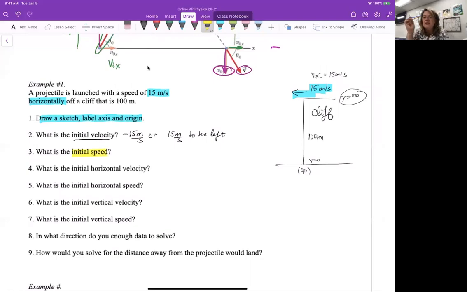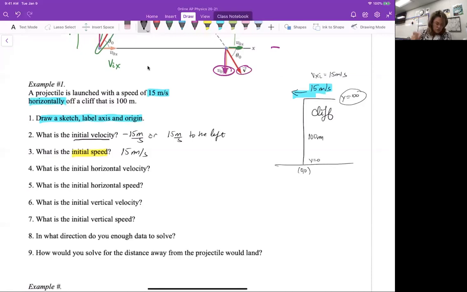Remember, the speed is the magnitude of the velocity, and there's only one answer here: 15 meters per second. So if I'm at negative 15 meters per second, my speed is 15 meters per second. Driving down the road 100 miles per hour north, or 100 miles per hour south, don't they have the same speed? Yeah.